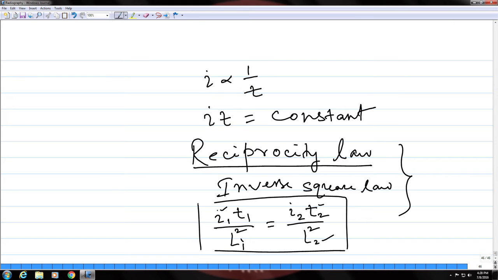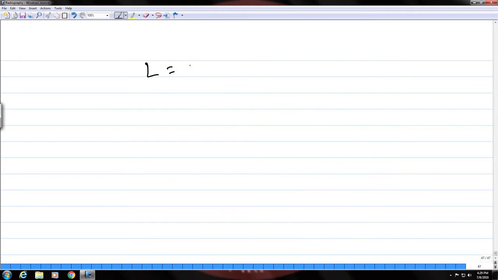Okay. For example, if you have a distance of 1 meter and a tube current of 20 milliamps, and for a given material, let us say you have used an exposure time of 10 seconds. Okay. Now, if you change any of these, either the distance or the current, then the time will change according to this relationship that we derived just now based upon those two laws.